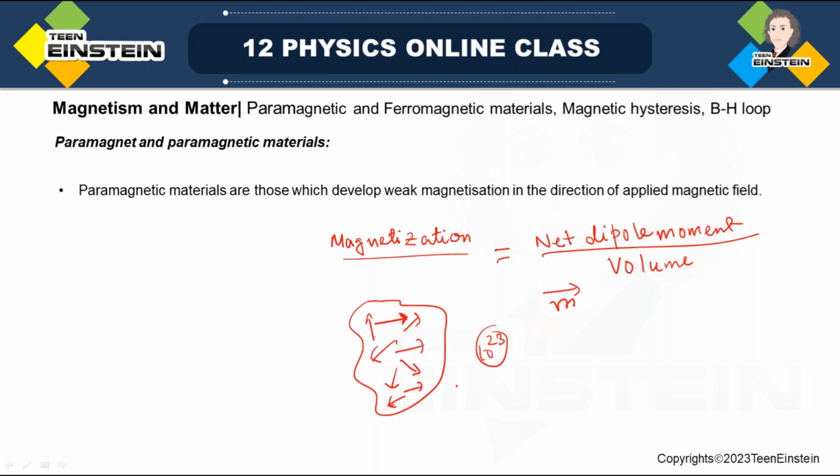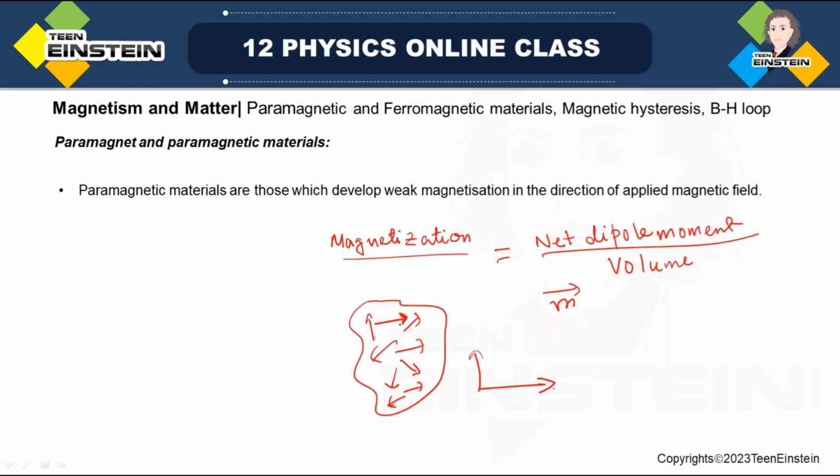If I want to calculate magnetization in this direction, then I should take the component of all these magnetic dipoles oriented in different directions along the preferred direction. Magnetization is also a vector, so I need to take the component of all these dipole moments along this direction and perpendicular to this.